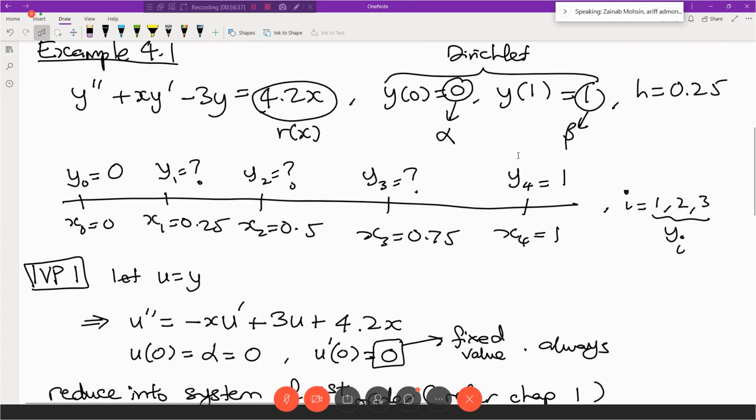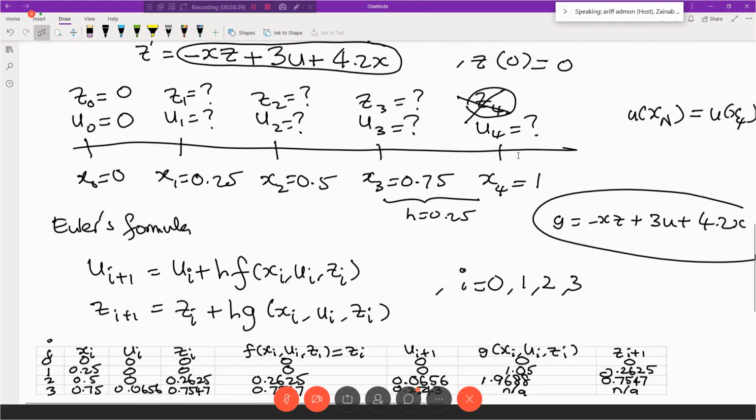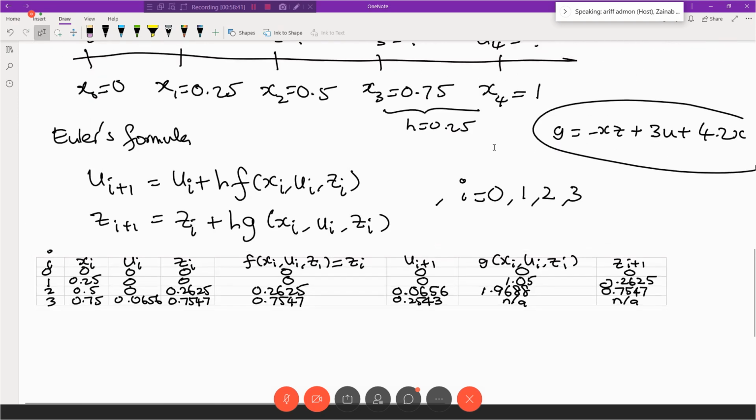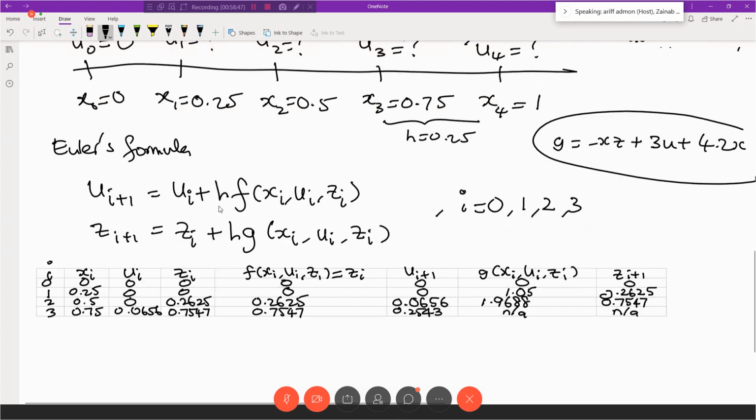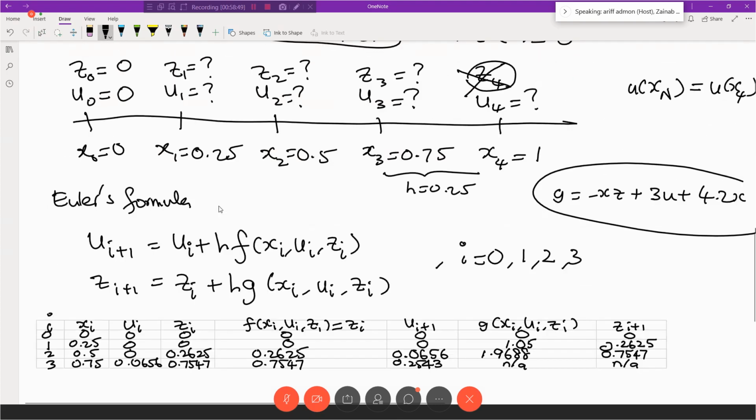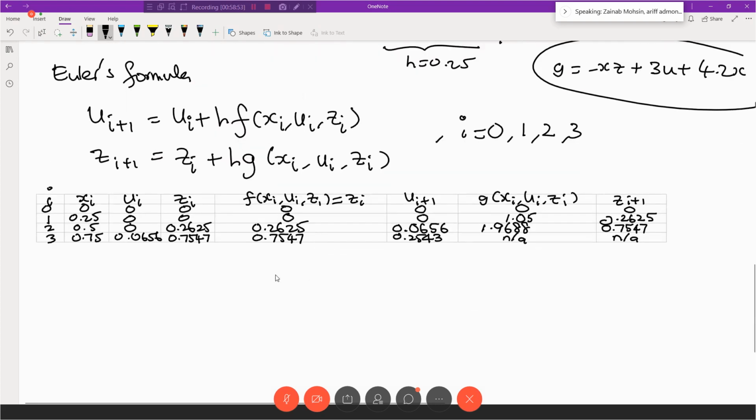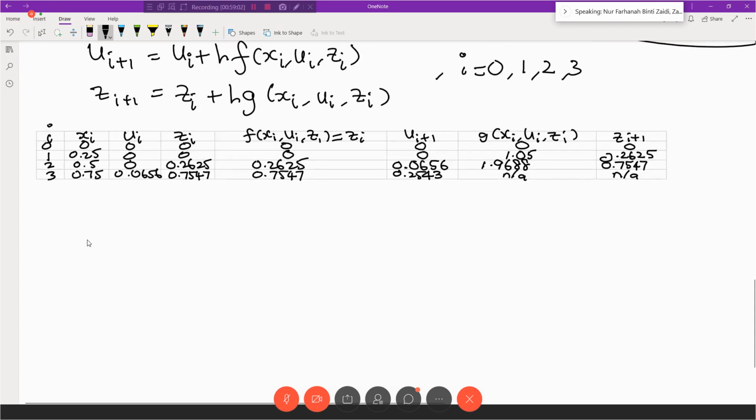Okay, step by step here, example 5.1 until I get the solution. Is it okay? Can? Everyone got the same answer? If you got a different answer, let me know. Okay, now we proceed to IVP2.